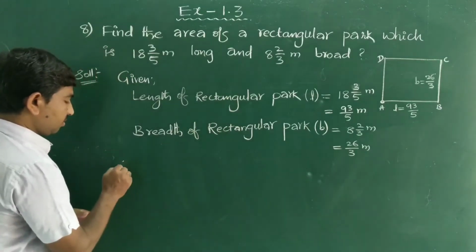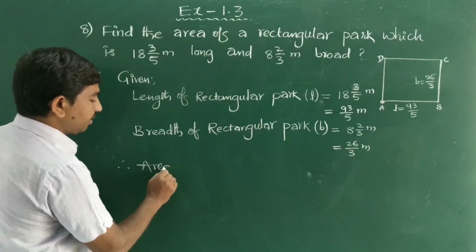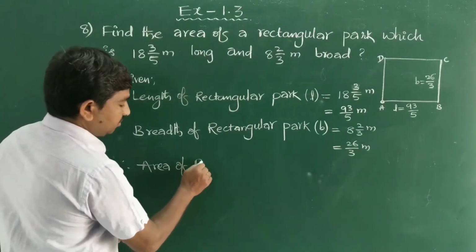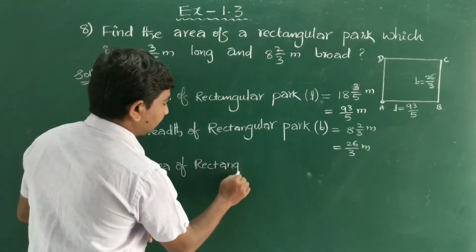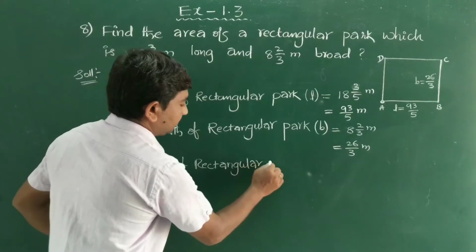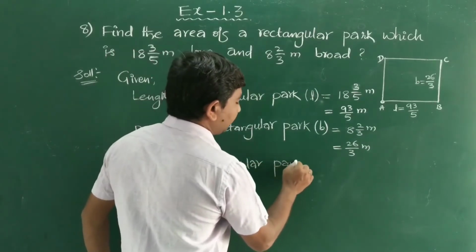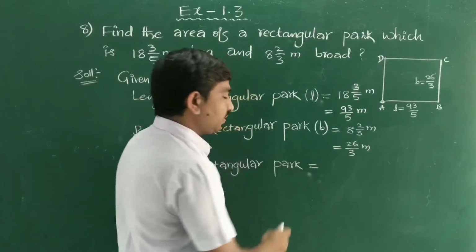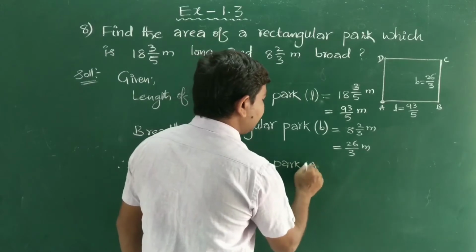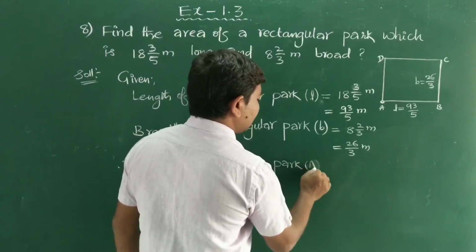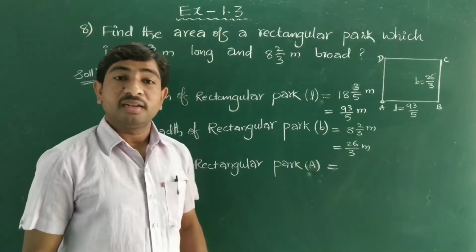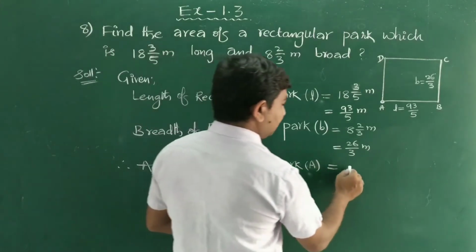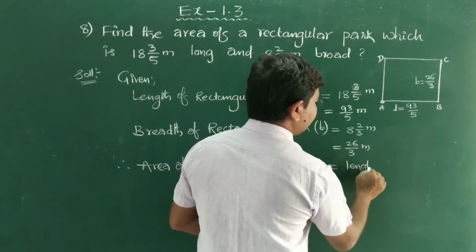So the area of the rectangular field is equal to what? What is the formula for area? Area is equal to length into breadth.